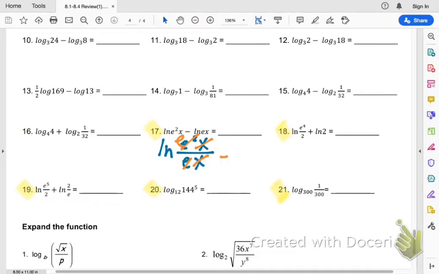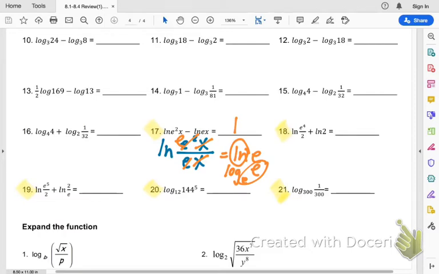So I'm left with ln of e. And from there, I can simplify that. I know that the ln of e is just 1, because it would be like saying log base e of e. And when the base and the number are the same, then they simplify to be 1.